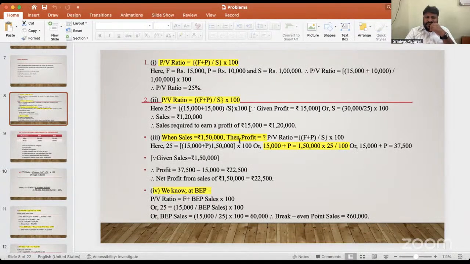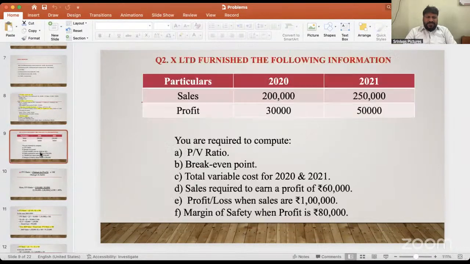When the sales are 1,50,000, I already explained, it is 37,500. How is it? Here 1,50,000 into 0.25, that is 25%, is nothing but 37,500. So this is the criteria to calculate.